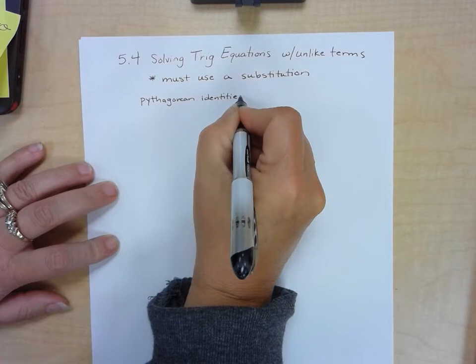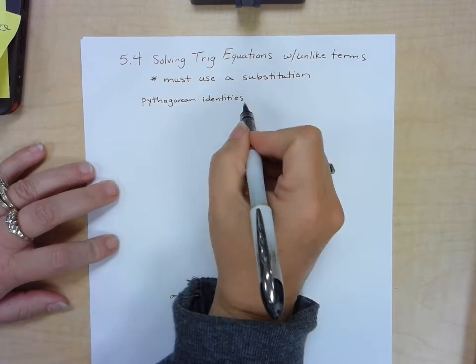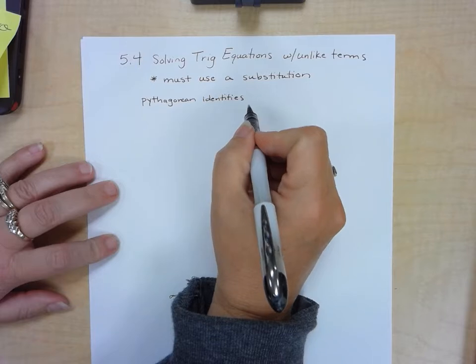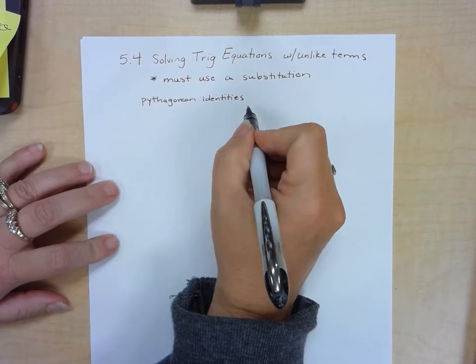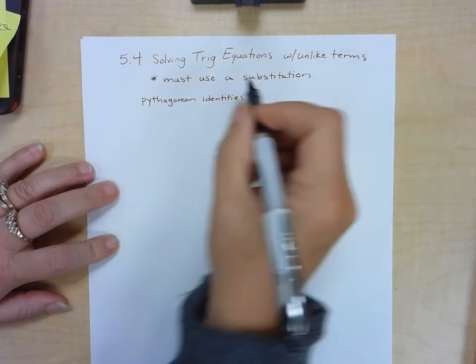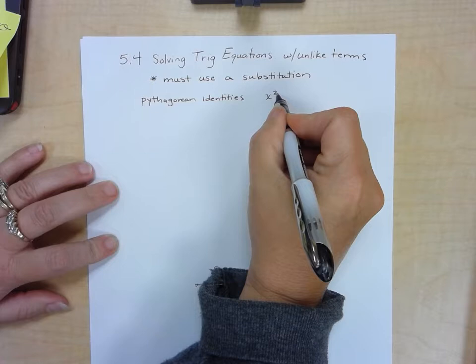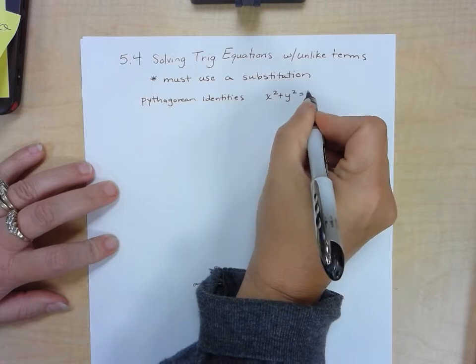So the Pythagorean identity that we will use comes from the unit circle equation. If you'll go back to one of the very first standards that we talked about, which is the unit circle equation, that equation was x squared plus y squared equals 1.